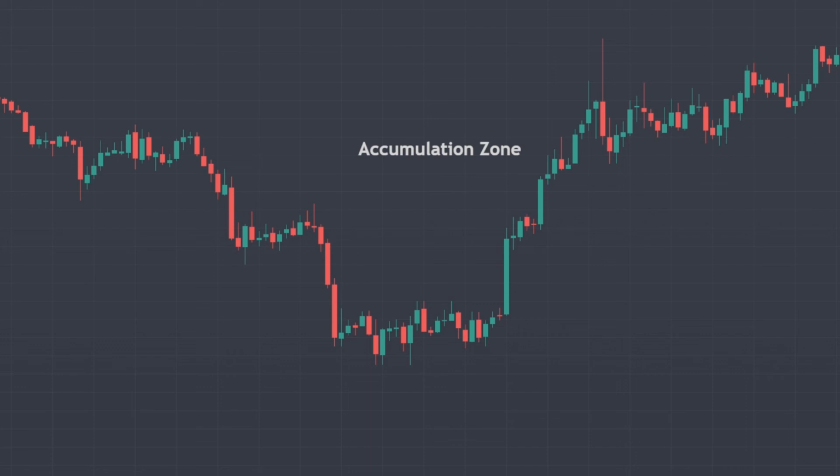One thing to keep in mind is that breakout trading does not only apply to trend lines and horizontal support and resistance lines. It also applies to a zone known as the accumulation zone. The accumulation zone forms either following a large run up or a large run down.